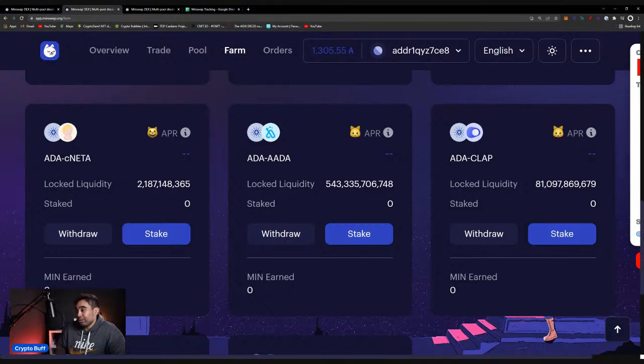I recommend everyone do that, because in the beginning you're going to have a lot of bonus rewards. So you're not going to be subject to a lot of impermanent loss, because anything you're facing is going to be made back based on how many native tokens you're getting, in terms of Minswap. So I would recommend doing something like that.